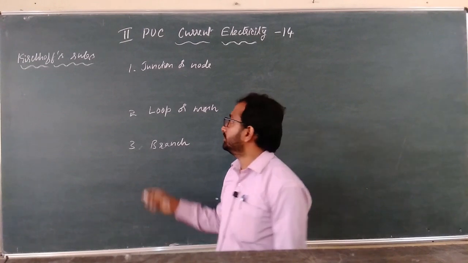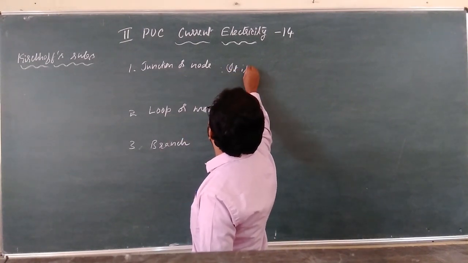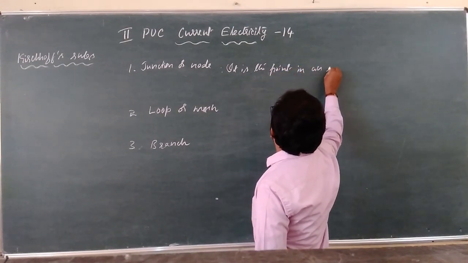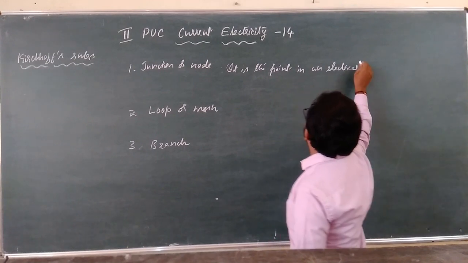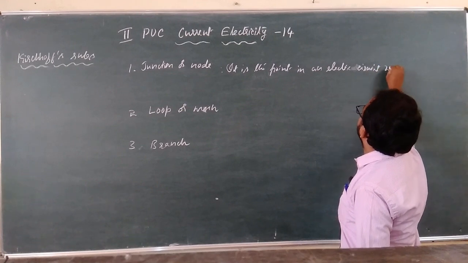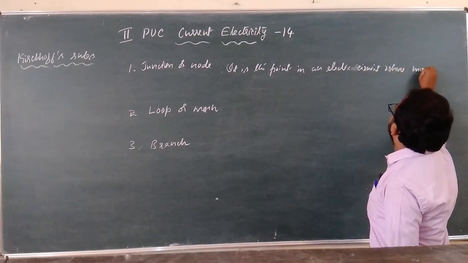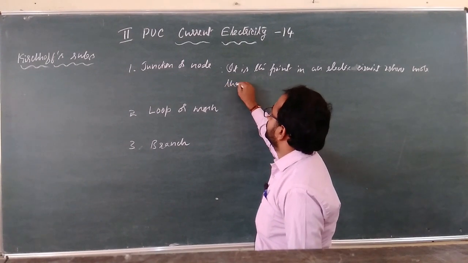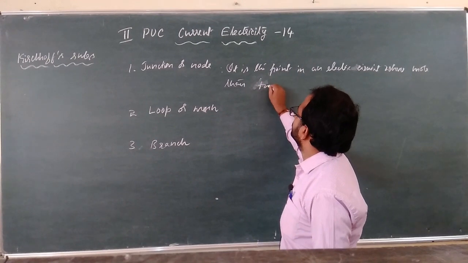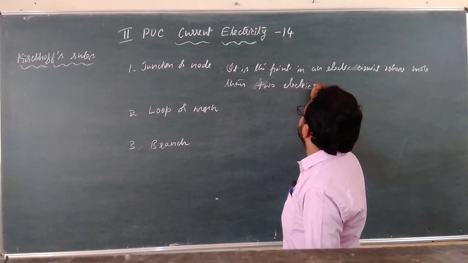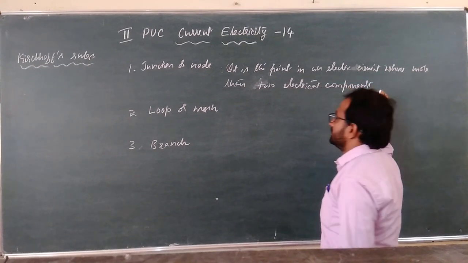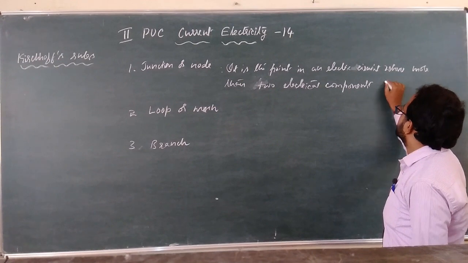It is a point in an electrical network or in an electric circuit where more than two, means three or more, electrical components or conductors, resistors, general electrical components meet.